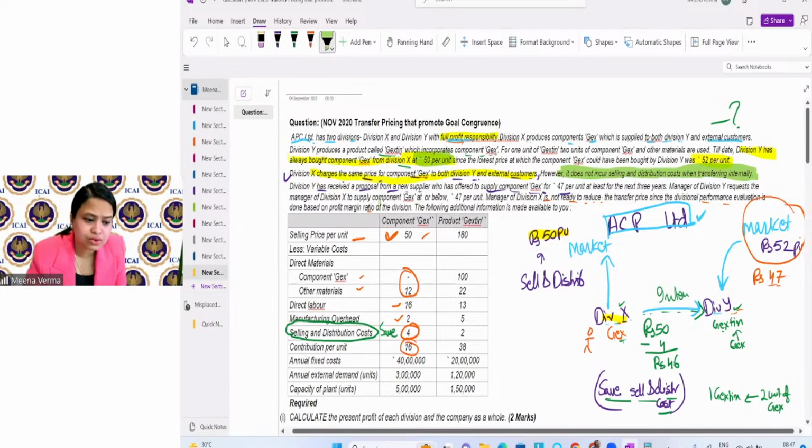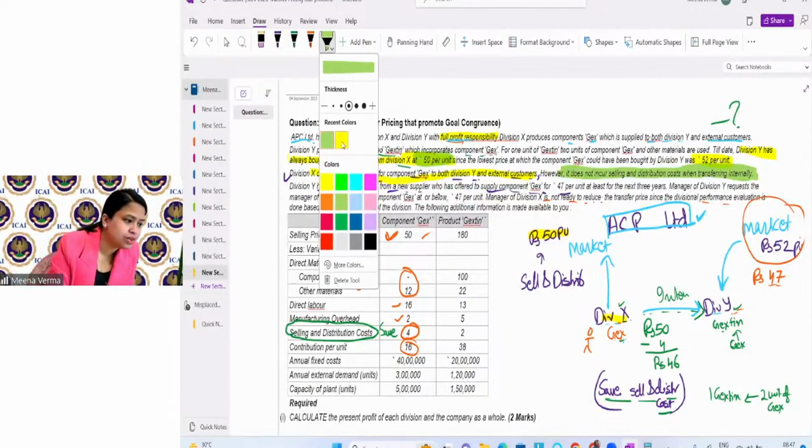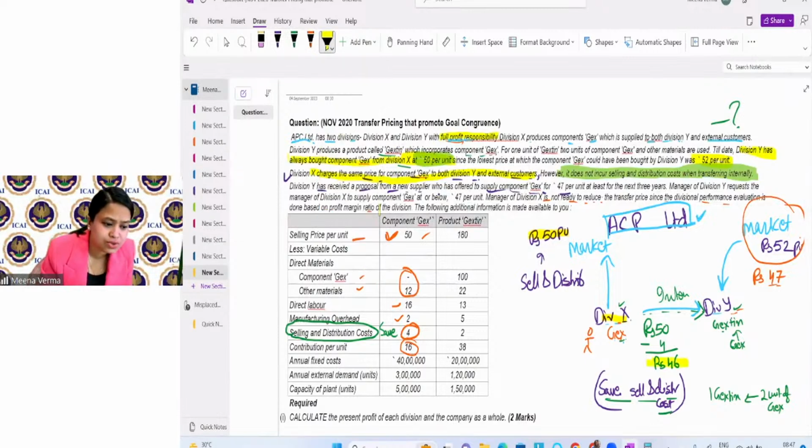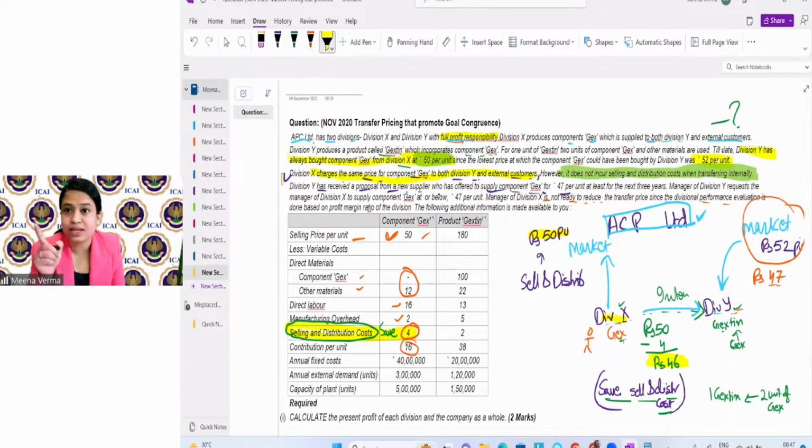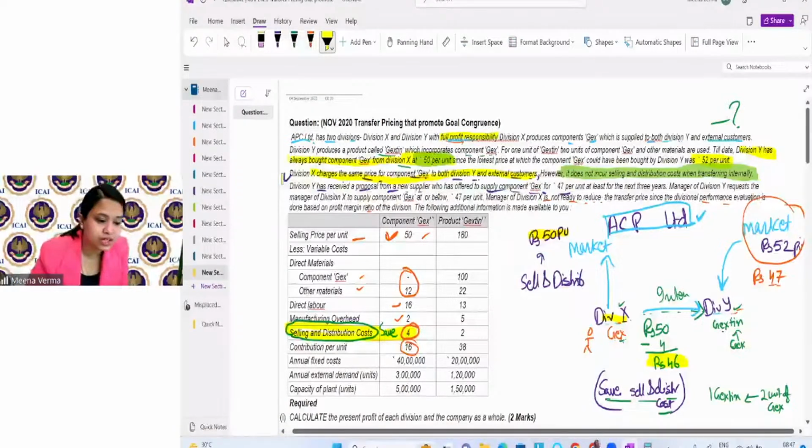If you are transferring the goods internally, the division manager of X can reduce it to 46. Because when they are transferring internally, they are saving the selling and distribution cost, the marketing costs. So actually, the price at which they can transfer internally should be 46.